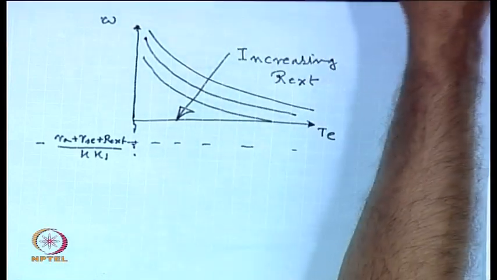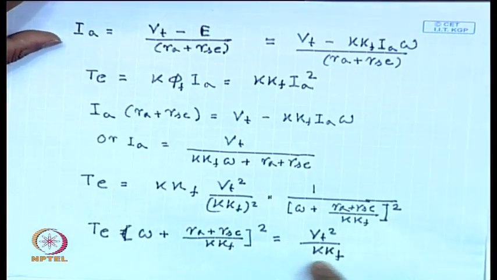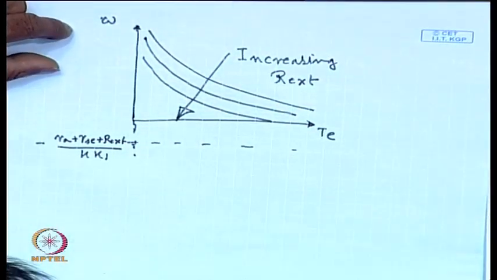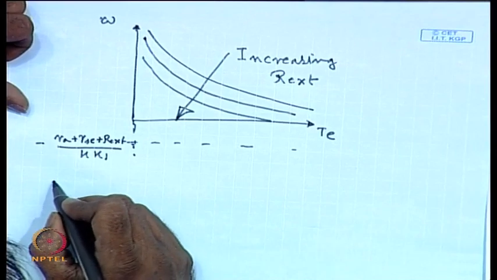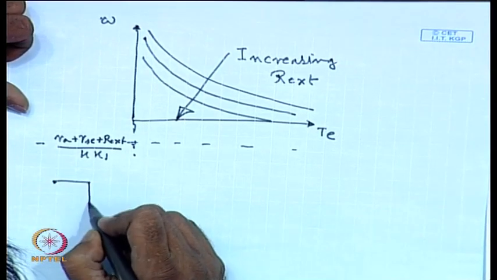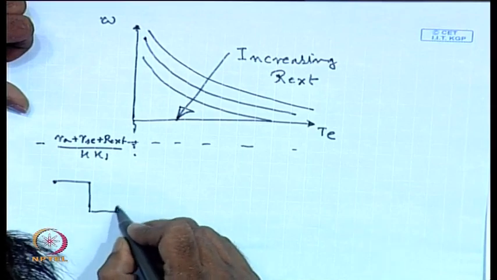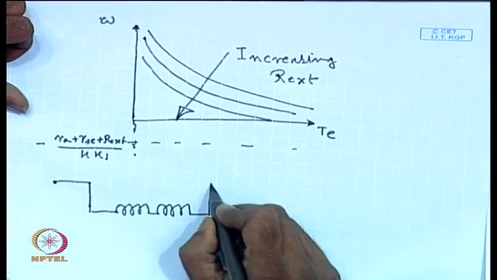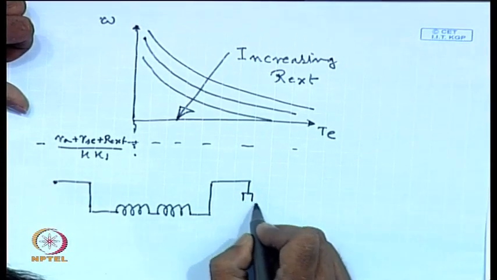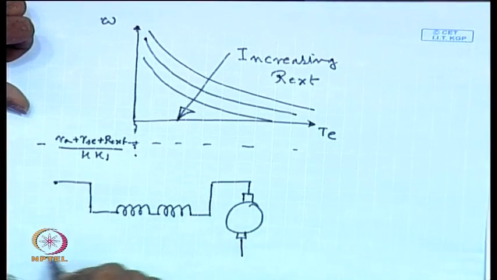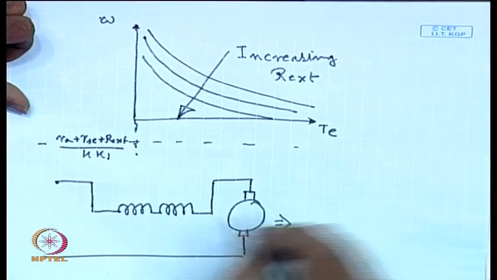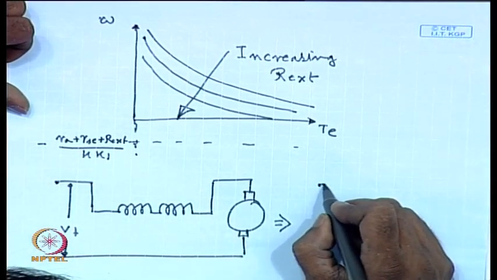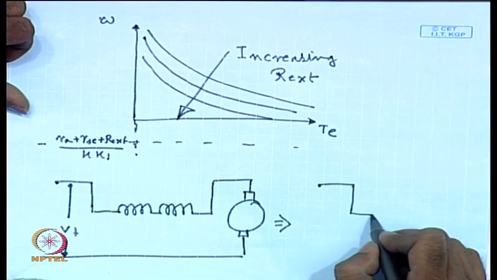Another way to vary it is to vary the value of K K F. That can be done by series parallel combination of field coils. For example, if you have all field coils in series, you can reconnect these field coils, and let us say in parallel.